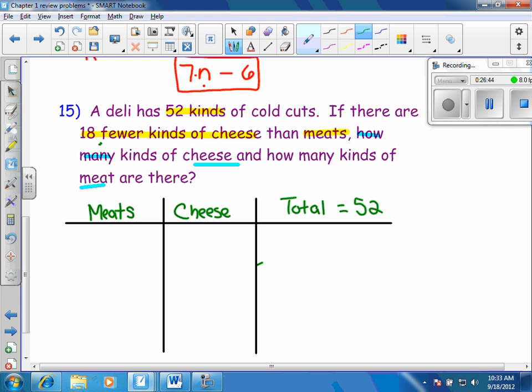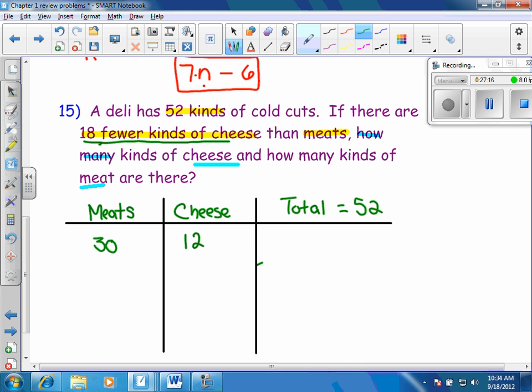So then you could start with an educated guess. So maybe you might start with 30. You start with 30 kinds of meat, and you reread the problem. It says there's 18 fewer kinds of cheese. You would have to subtract 18 from 30, which would give you 12.